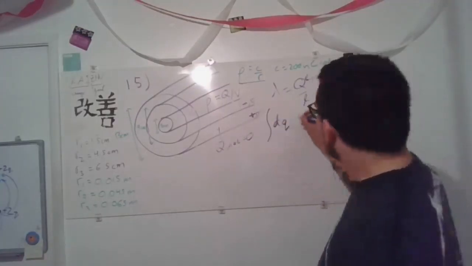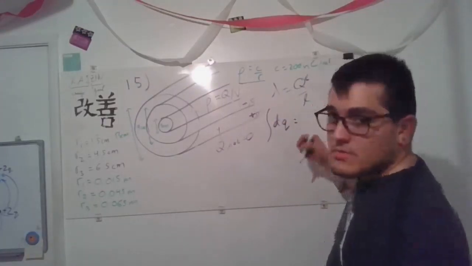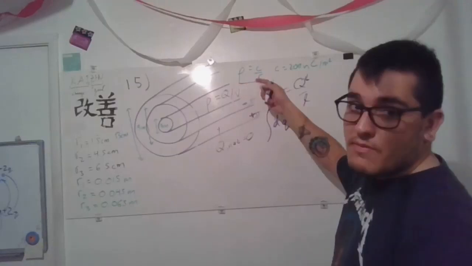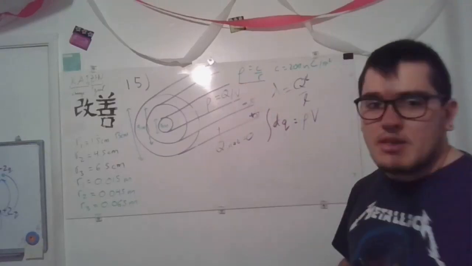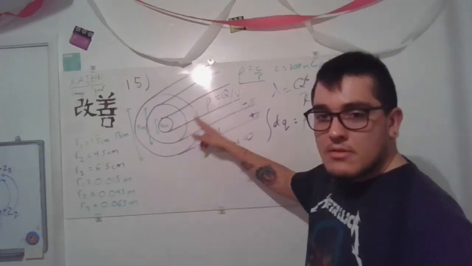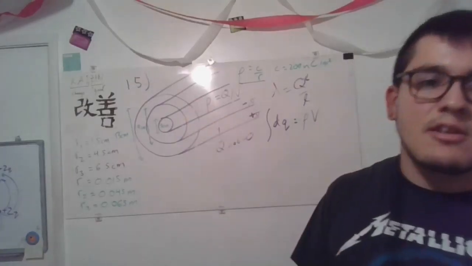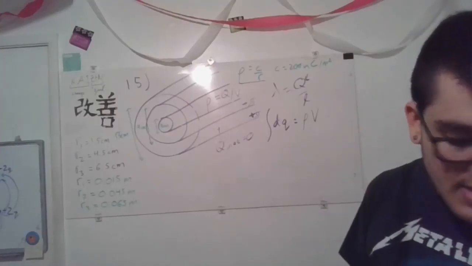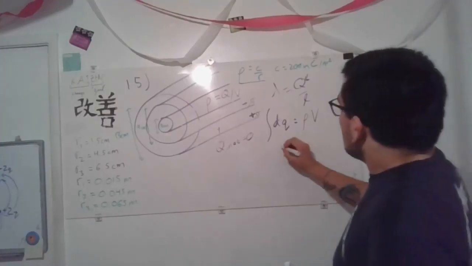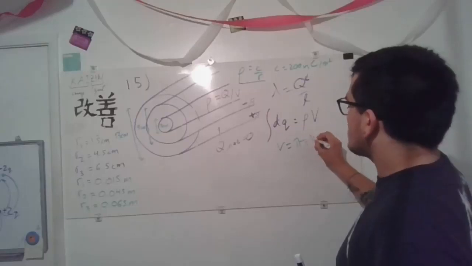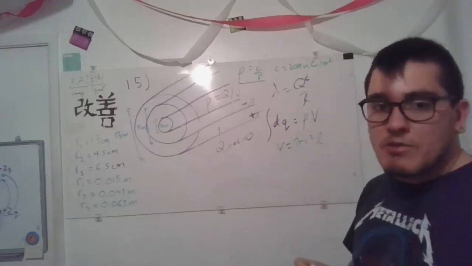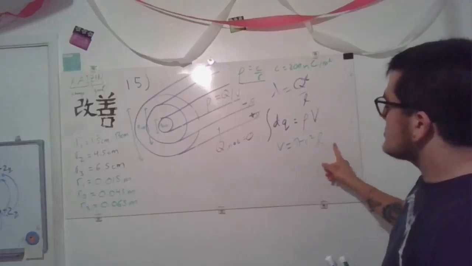Integral of dq is what? dq is going to be rho times v, right? And what v is that? The v of the cylinder. So what's the volume of the cylinder, guys? Maybe somebody can type it in the chat. Volume of the cylinder is going to be pi r squared times L. Everybody got that? Pi r squared times L.